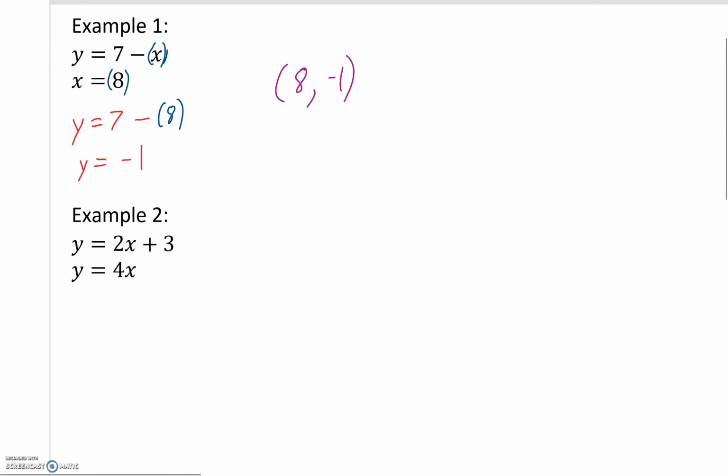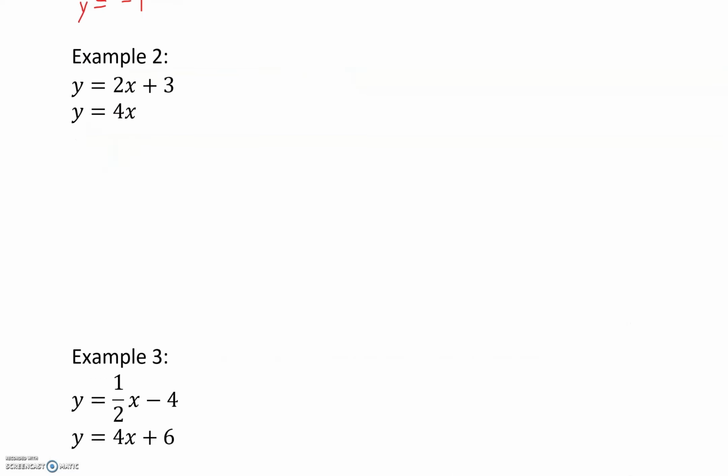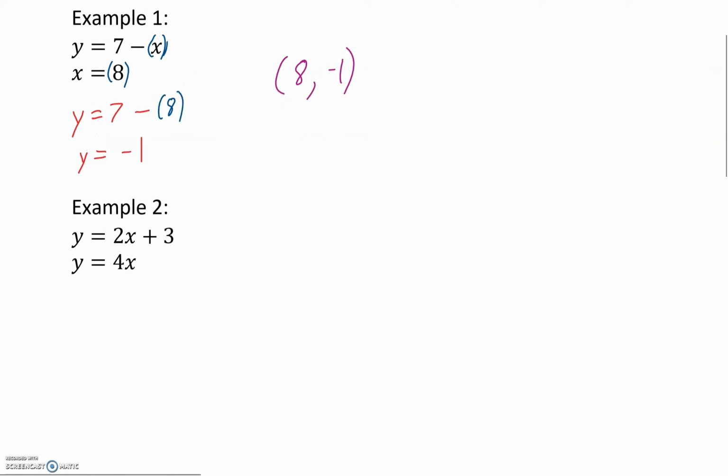Now, what happens when it's a little bit more complicated? So here's the next example. x is not just a value. In fact, we don't have x equals. We have y equals for both equations. So this is probably easiest to graph, but it's also very easy to do with substitution, because all we have to do is pick one of the equations, just like we did before, and we're going to substitute that in instead of y.